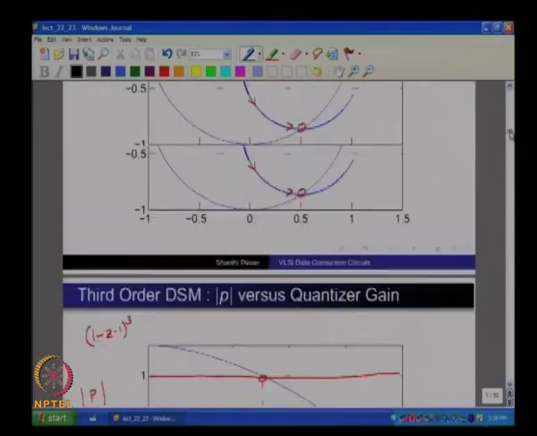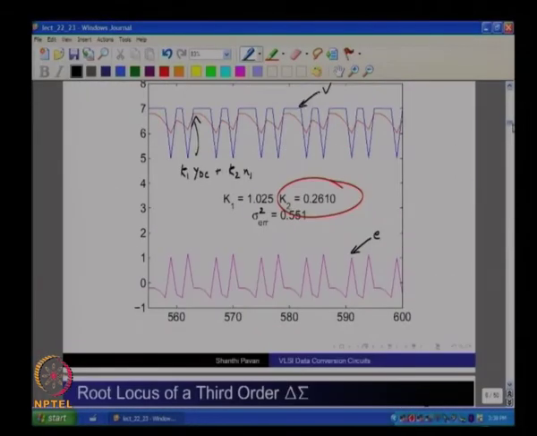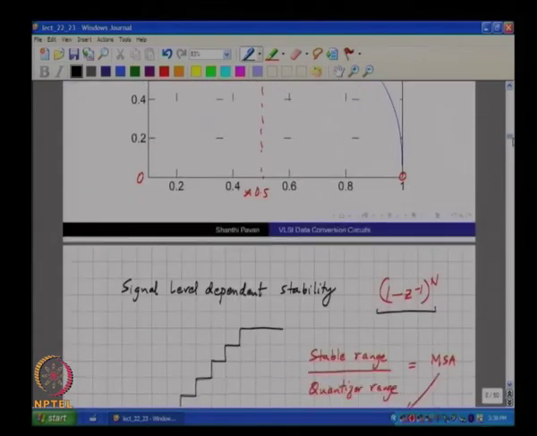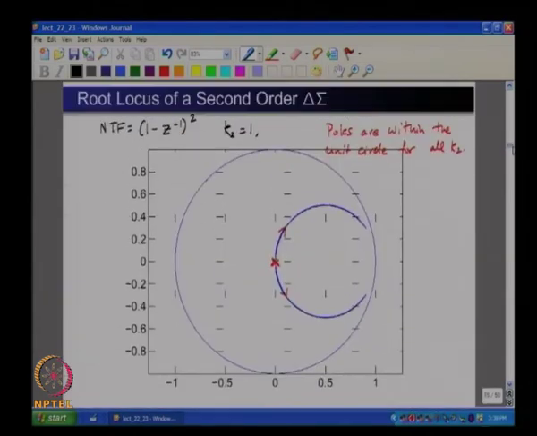Okay, so it turns out that for a second order modulator, things do indeed come back, and the intuition goes like this. When the modulator is unstable, the internal state variables are very high, so the quantizer is saturating like anything, correct, which means that the effective gain of the quantizer for this quantization noise is very, very small.